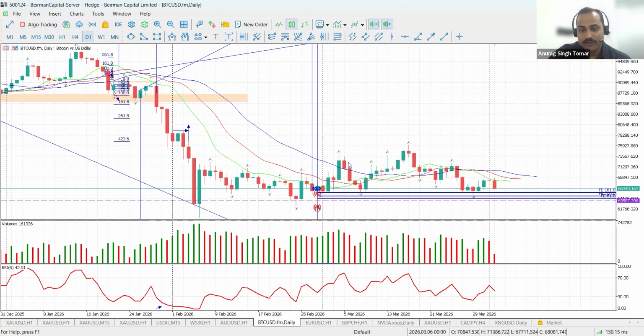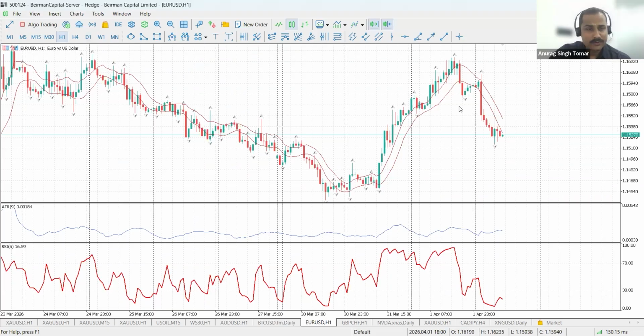Now we came to the last segment to discuss on the technical basis, which is the currencies. For this, I'm going to discuss the EUR/USD and AUD/USD. First, let's have a look at the EUR/USD chart. Same as gold, EUR/USD has also fallen down.